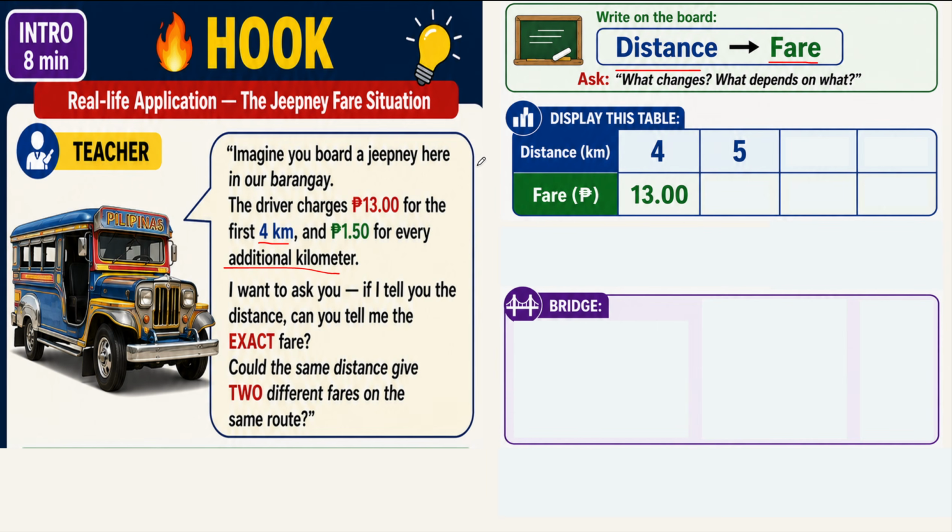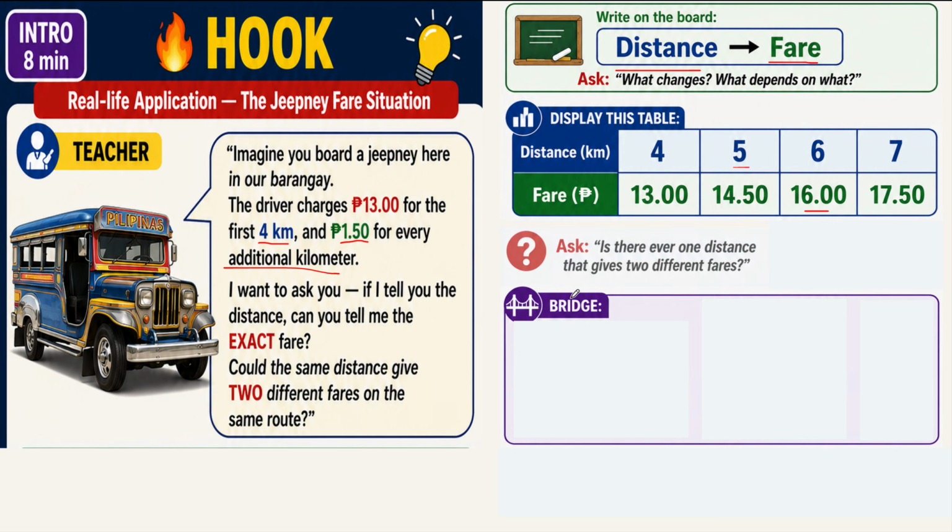What if the distance is 5 kilometers? Magkano yung pamasahe natin? Of course, magdadagdag tayo ng 1.5 for every additional kilometer. So 13 plus 1.5, that is going to be 14.50. Pag 6 kilometers naman, magdadagdag ulit tayo ng 1.5, that is 16 pesos. Then 7 kilometers, additional, 17.50 pesos na.